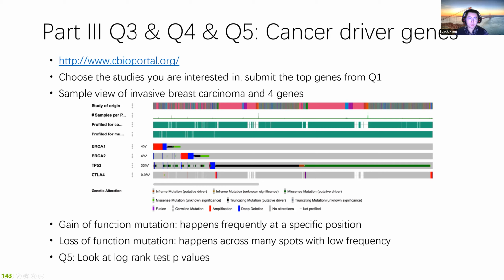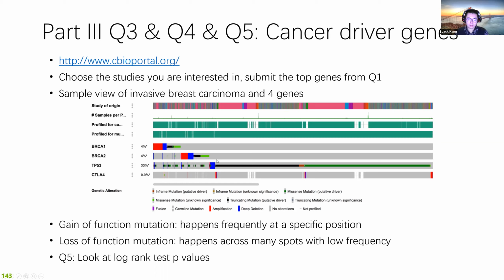So here is a sample view of invasive breast carcinoma, and I checked 4 genes. On the very top, each color represents your study of origin, and down here you get the mutations across these genes. For example, for BRCA1, we see it has a lot of amplification, and also deep deletion, and similar is true for BRCA2.